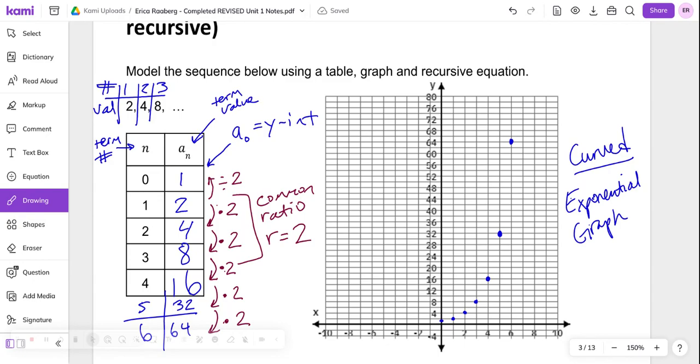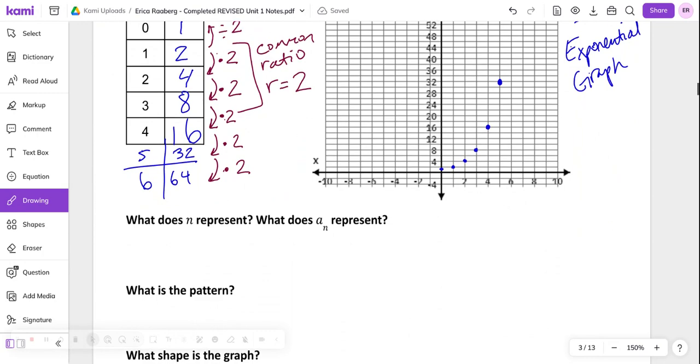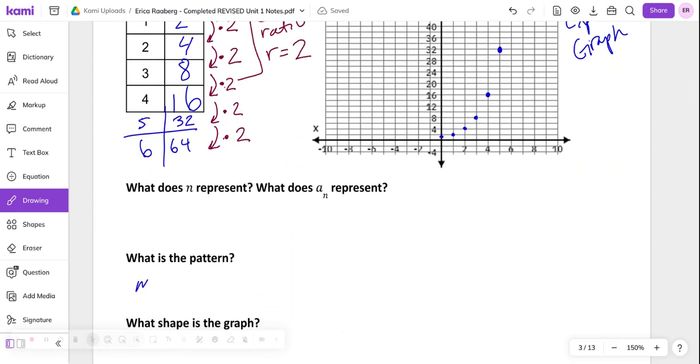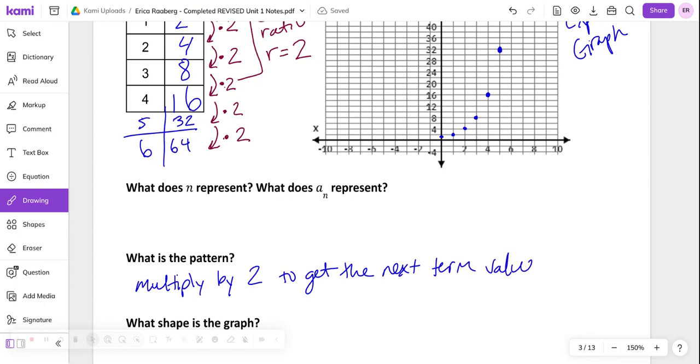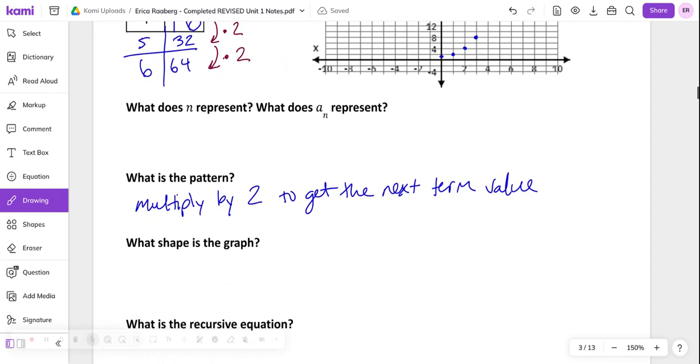The pattern here is that we multiply by 2 to get the next term value. And the shape of the graph is definitely curved, and it's exponential.